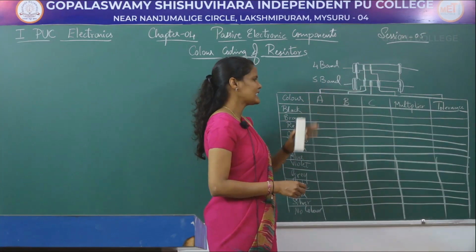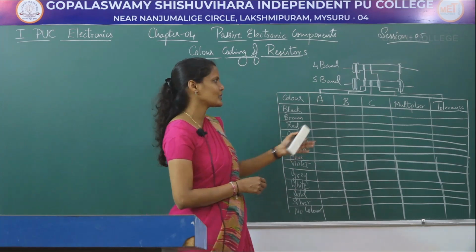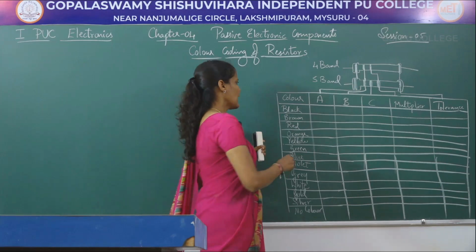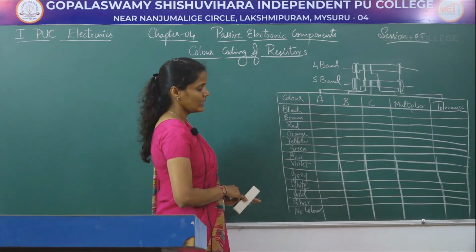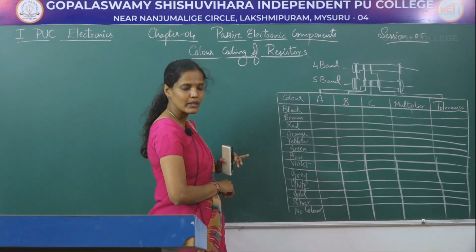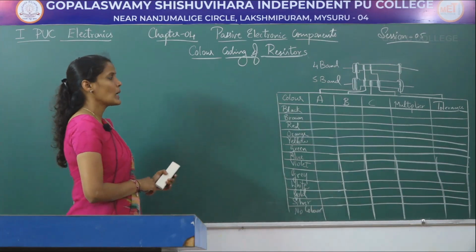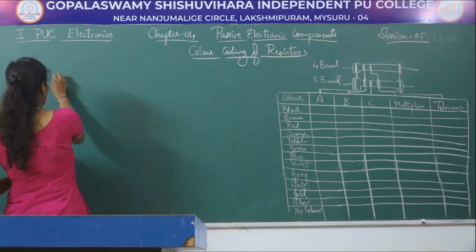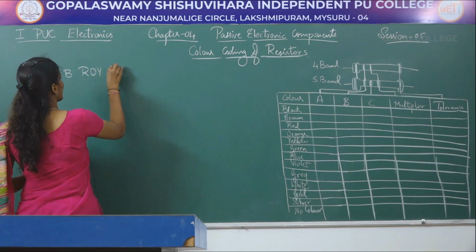Here A, B, C are nothing but the numericals which correspond to the resistors, and this is the multiplier and the tolerance. Here I have written the colors in order and you have to maintain the same order while writing the color code table. In order to remember this order, we have one sentence, that is B.B. Roy of Great Britain had very good wife.